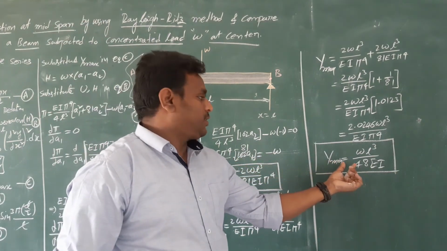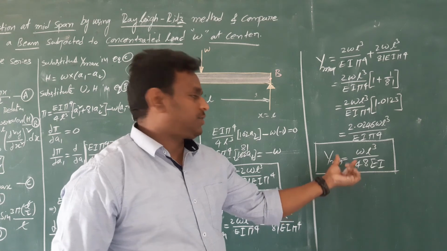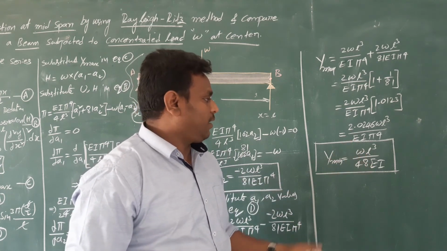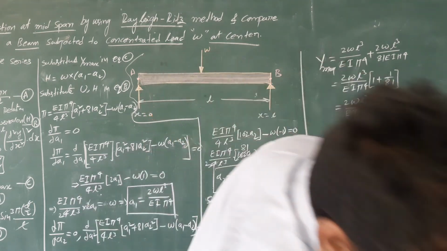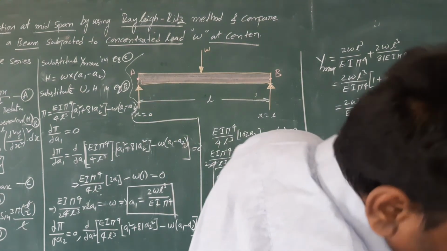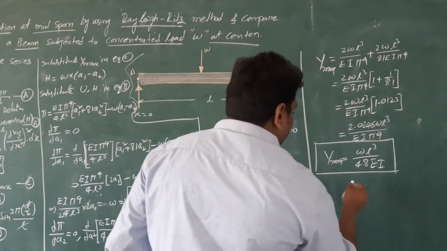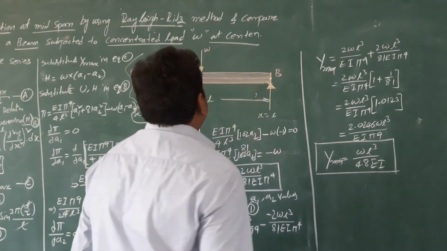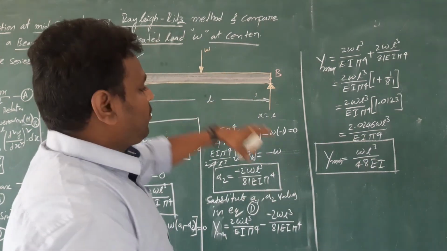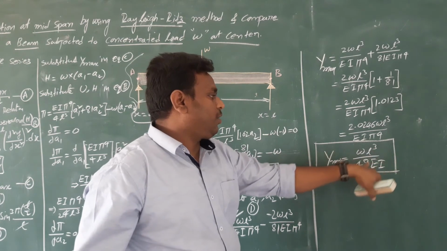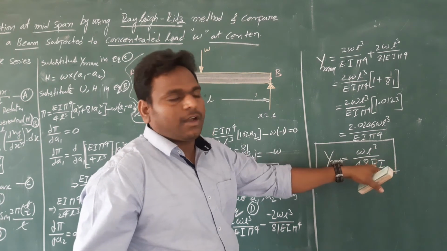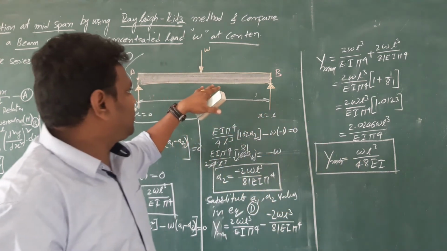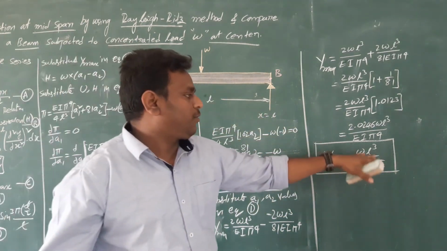We have done a derivation in our mechanics of solids, and the same type of relation came. For a simply supported beam, we got Ymax is equal to WL cube by 48 EI. The exact solution for this is WL cube by 48 EI. We know very well about it.